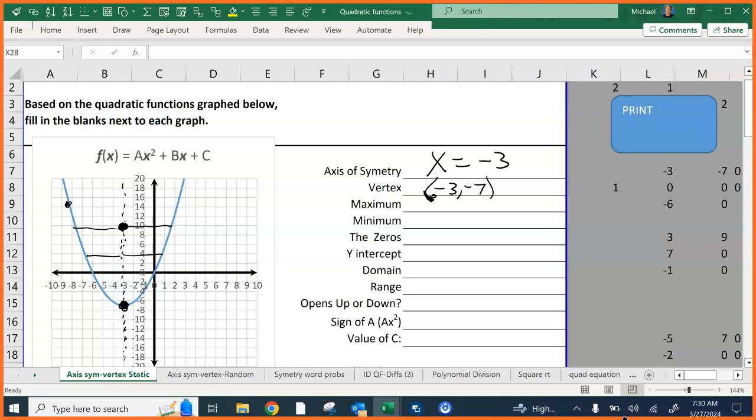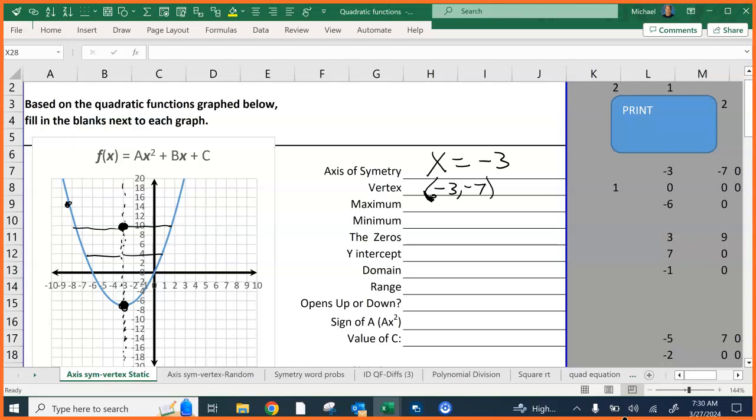Okay, now maximum and minimum refer to the y values. A parabola will have either a maximum y value or a minimum y value. So this one starts at this vertex, and then it opens up forever from then on both sides, to the left and to the right. It's like you're on a roller coaster, and you're at the very bottom at the vertex on this one.